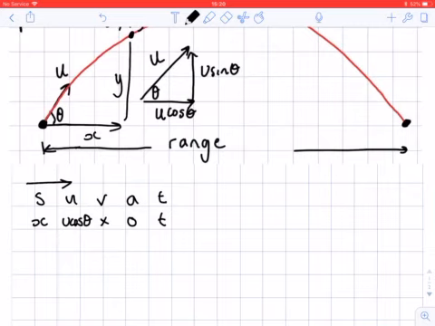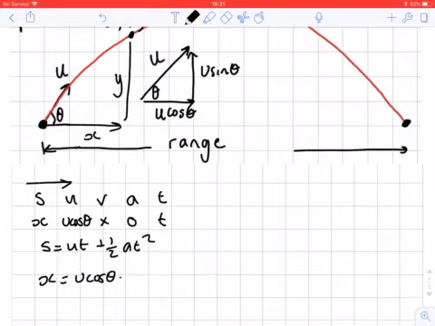Now we have s, u, a and t, so applying s equals ut plus a half at squared, s would just be x, and it will equal ut, u cos theta times t. That's because a is 0, so the half at squared would zero out. And we've seen this component before in previous videos.